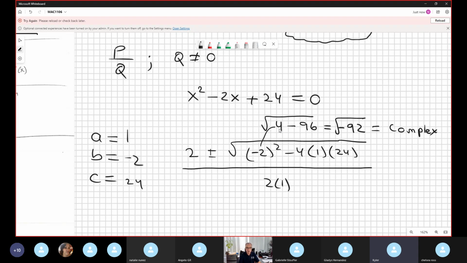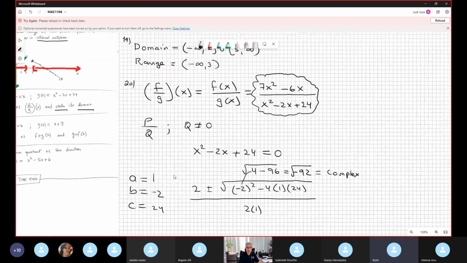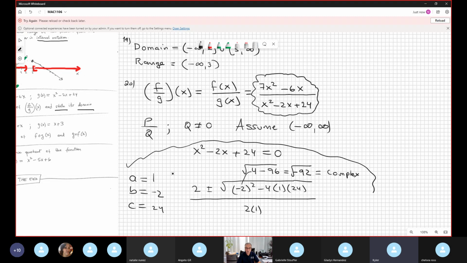Now the supposition, remember, you don't know anything at the beginning. However, you try to investigate. You assume that the domain is always all real numbers, negative infinity to positive infinity, except the restriction. I dedicated time to investigate the restriction, and the super fantastic conclusion was that the restriction is complex, completely outside the real number line. Therefore, it is not important.